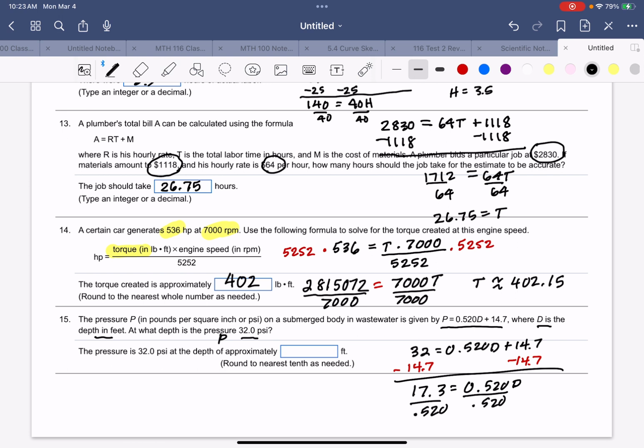And so that gives me 17.3 divided by 0.520 gives me, rounded to the nearest tenth, about 33.269. To one place, it would be 33.3 feet. So the pressure at 32 psi is at a depth of about 33.3 feet.